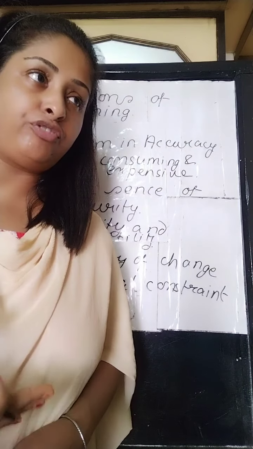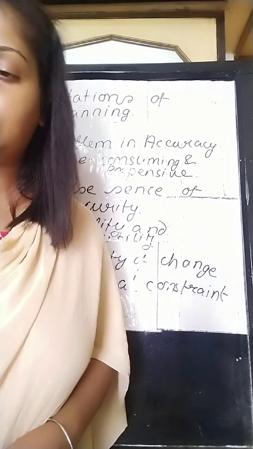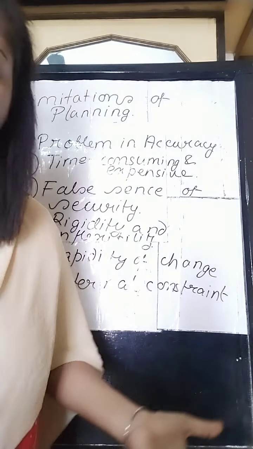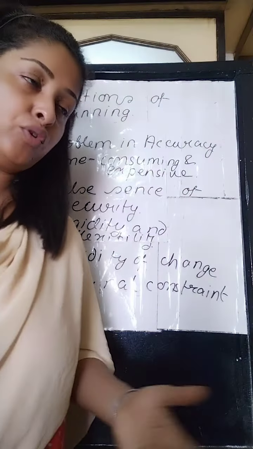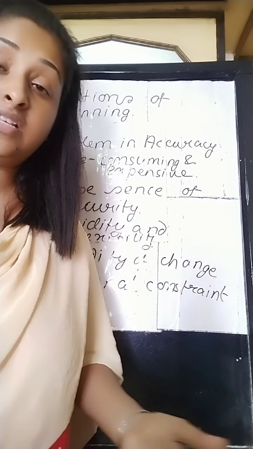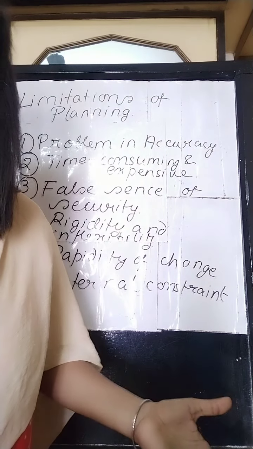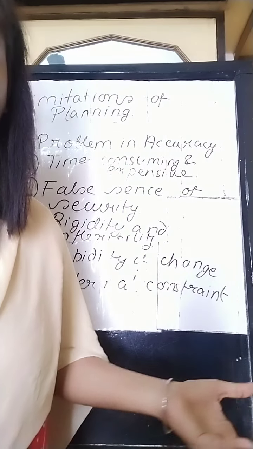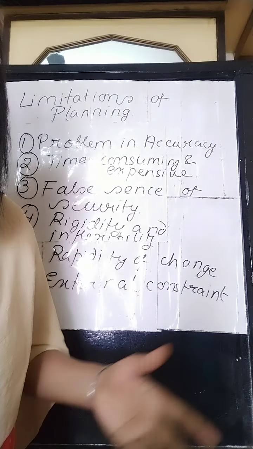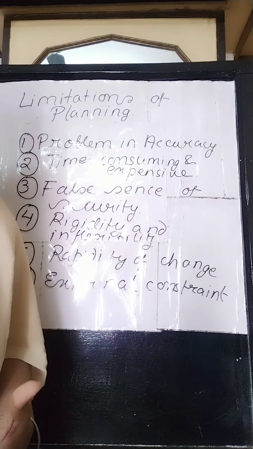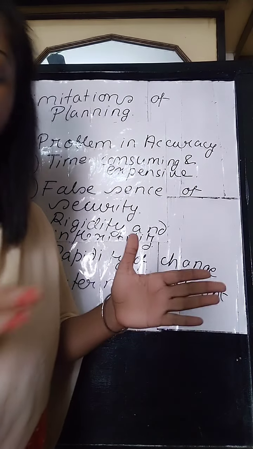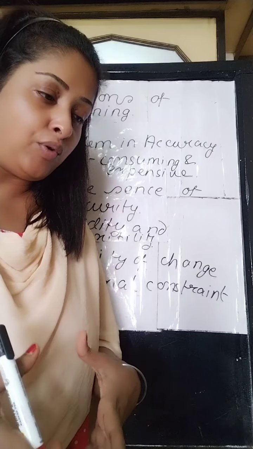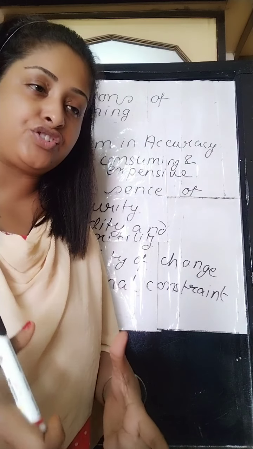For example, the different government policies or economic policies regarding taxation, import and export, etc., regarding various matters. Then technological changes and competition are also there that may act as a hindrance in the planning process. As a result, managers are not free to take decisions in these areas. The effectiveness of planning is reduced because of the influence of these types of external constraints present in the business.